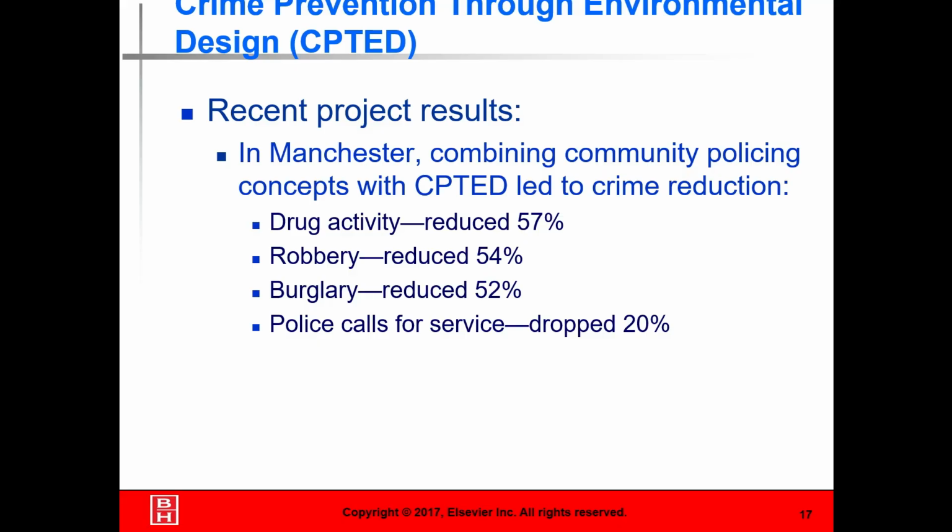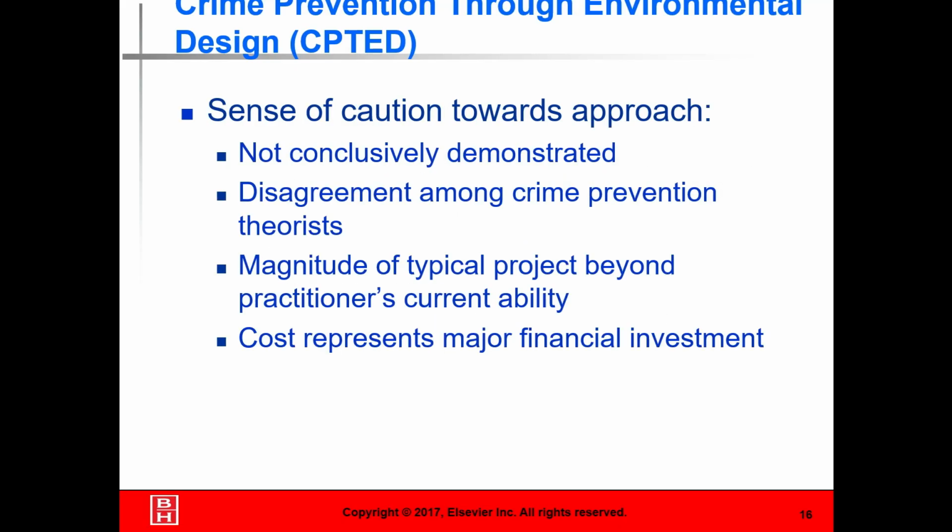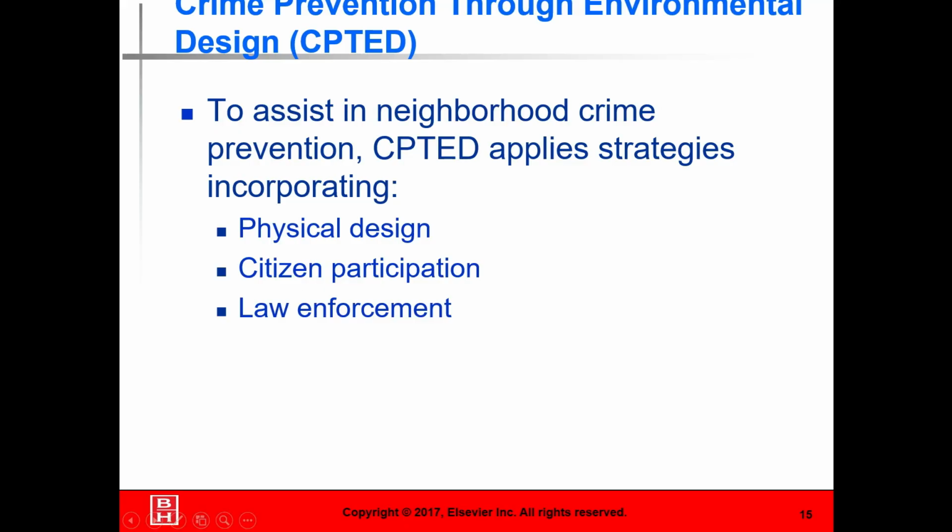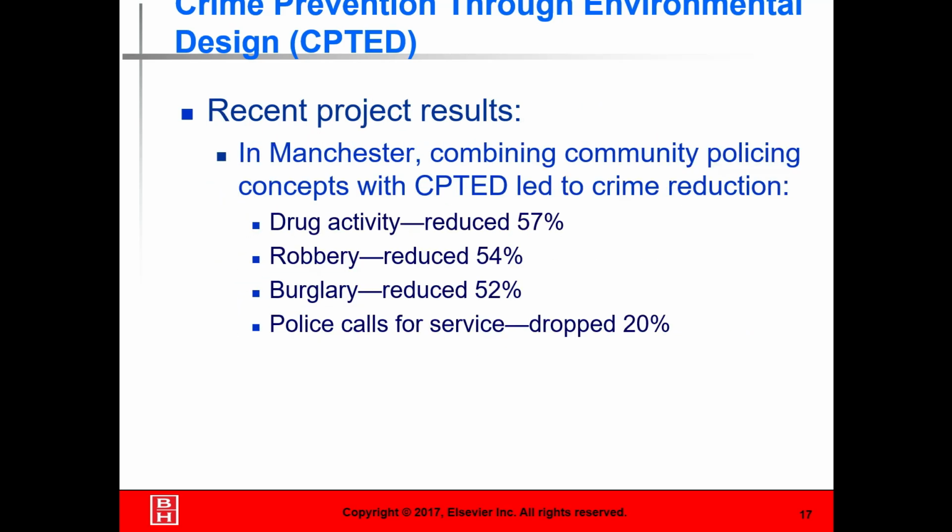Reduced drugs, robbery, burglaries, police calls, everything dropped when combining all those things we talked about. When we combine physical design, citizen participation, and law enforcement, this is the result. So there are studies that show that when we do it right, it works. And when we don't get it right, this is what happens.